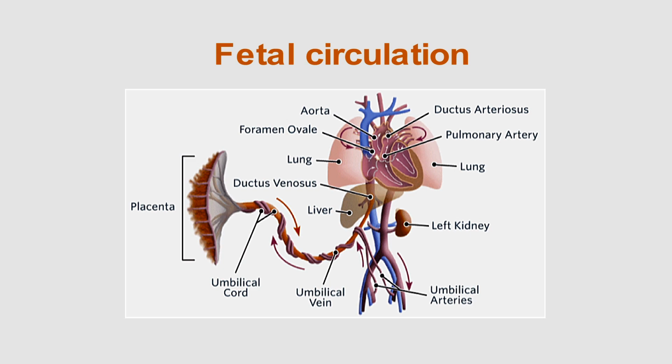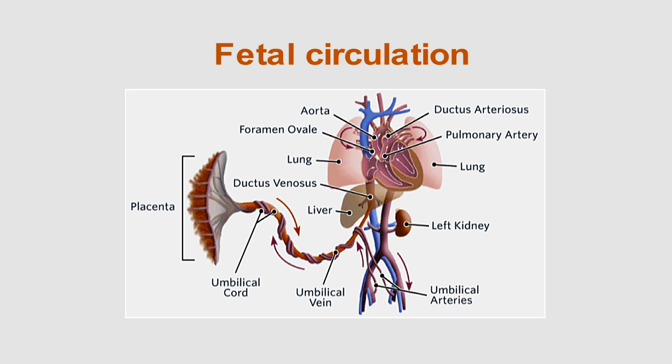Oxygen-rich blood from the placenta returns to the fetus through the umbilical vein. This vein runs through the umbilical cord that connects the placenta to the fetus. Oxygenated blood flows through this vein and passes through a shunt called the ductus venosus.